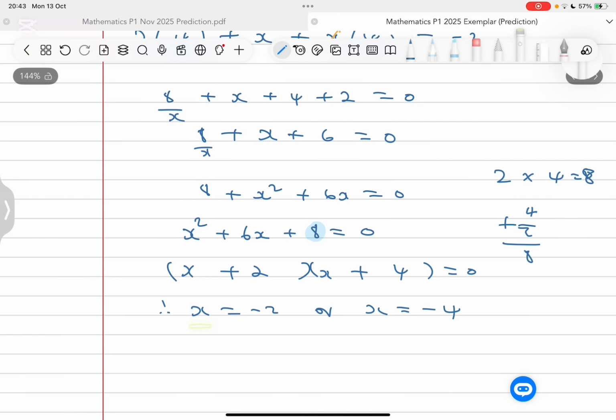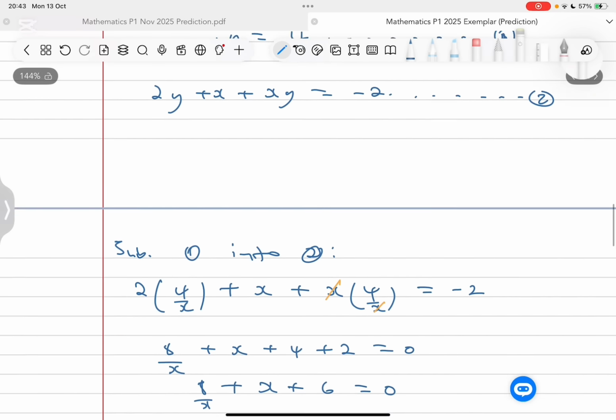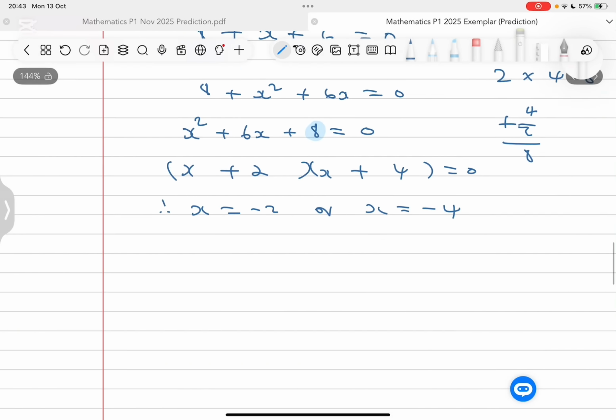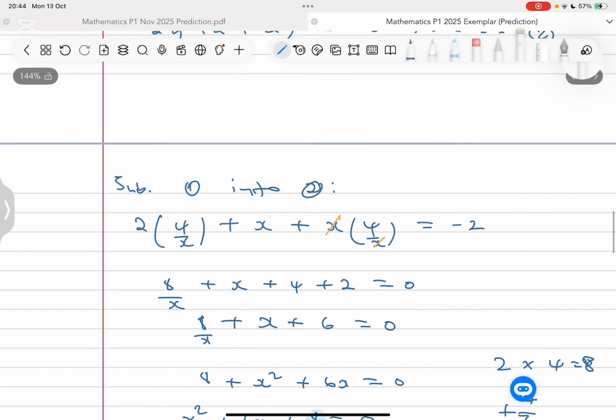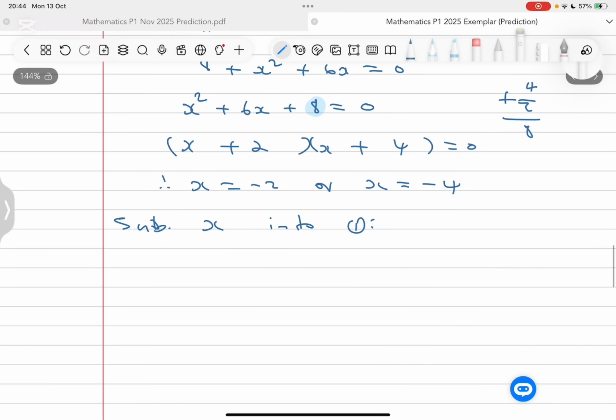Now remember, what we have done so far is that we have only found the values of x. We still need to find the value of y. And already one can see how easy that would be. Because what I'm going to do now is substitute these values of x into equation 1.